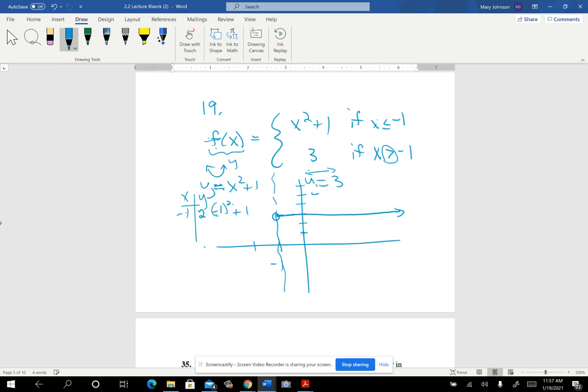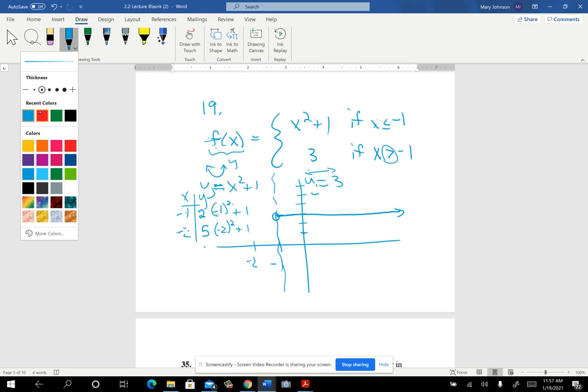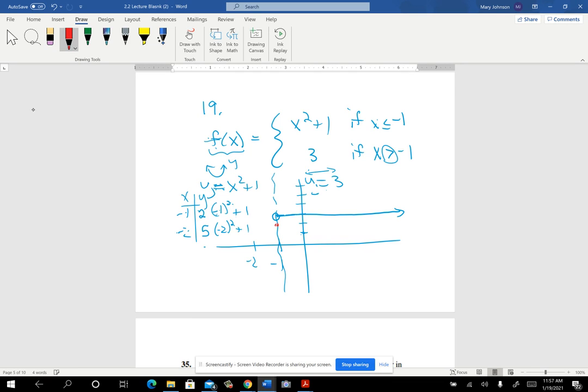And then I'm going to get another point. If I put in a -2 and square it and add 1, I'd get 5. So I'll sometimes do that to get a pretty good picture. Let me do this piece in red. So when x was -1, that piece of the function was 2. And then -2 was up at 1, 2, 3, 4, 5. And it's not linear. It's more of a parabola. So just draw it so it looks kind of like a U.